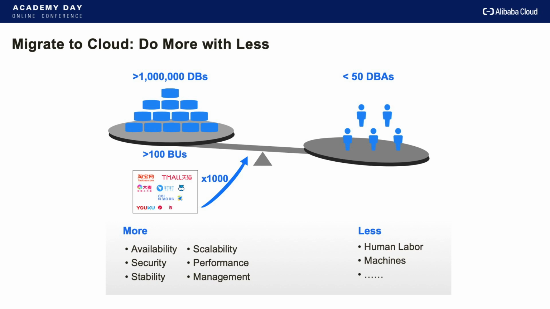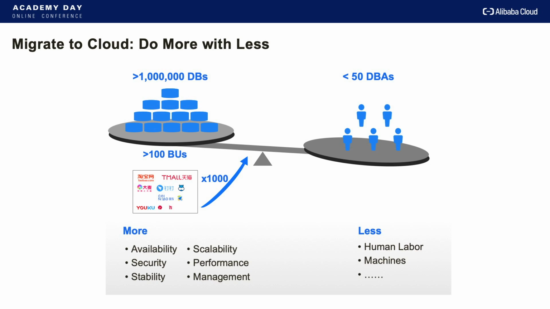If you look at these business units, for example, DingTalk is the next generation business collaboration tooling. It's used by a lot of business users and enterprises in China. It's the number one business collaboration tool in China, right? Imagine how many databases we are looking at. Imagine how much data we are talking about.